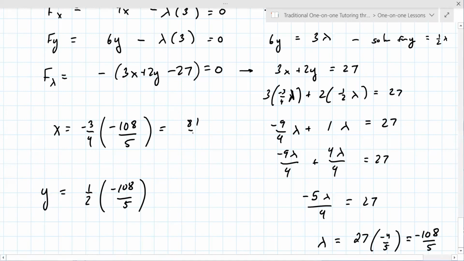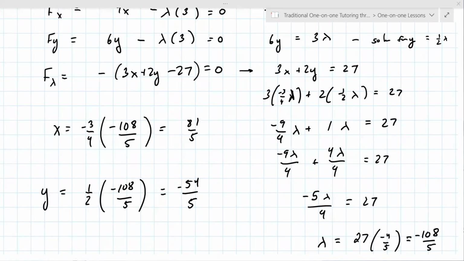This is 81/5. This is minus 54/5. So that's your ordered pair. That's the last box.